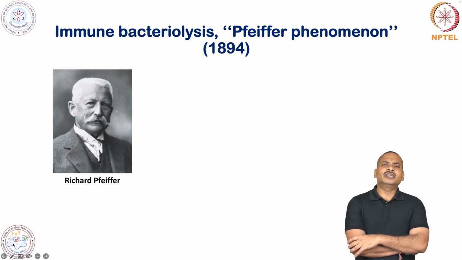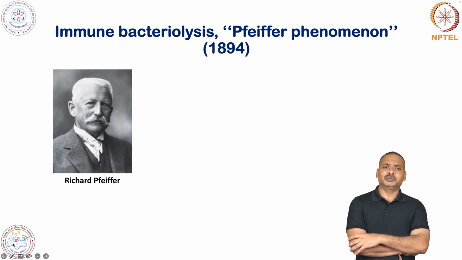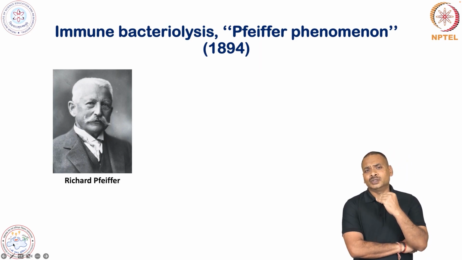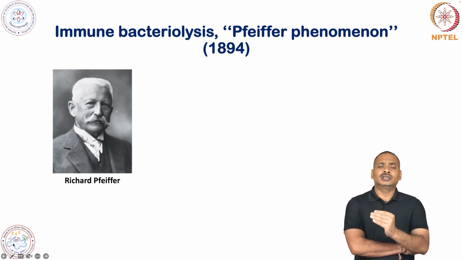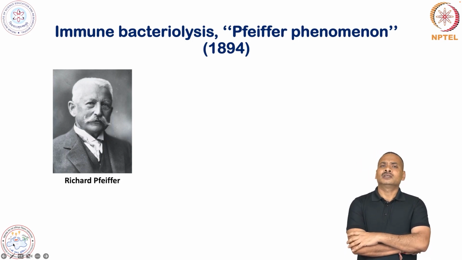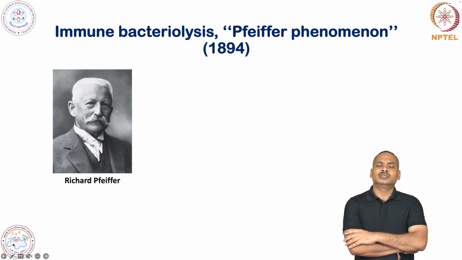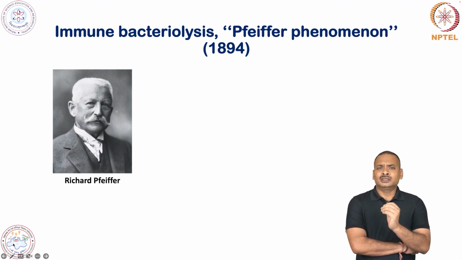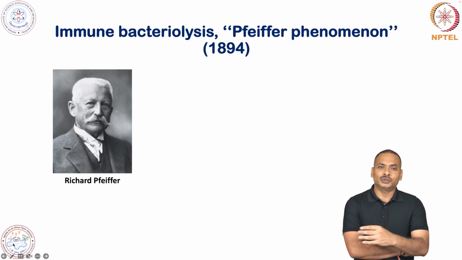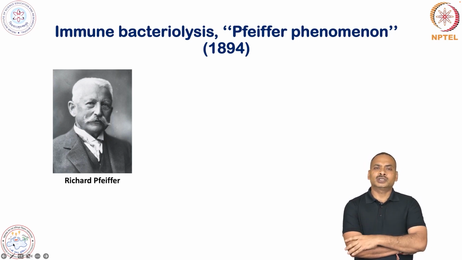He performed one simple experiment where he challenged a guinea pig immunized with Vibrio cholerae, or you can consider a guinea pig that had recovered from Vibrio cholerae infection. He injected Vibrio into the peritoneal cavity of that animal, and he noticed that the bacteria very quickly disappeared, or were very quickly lysed.